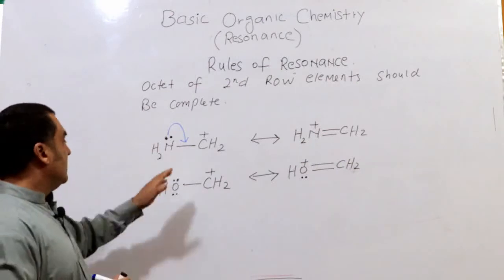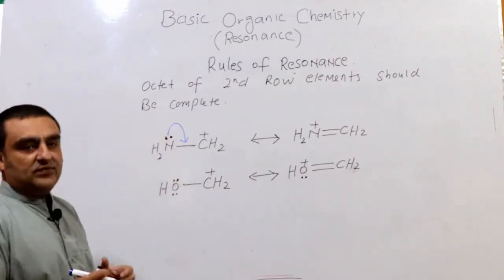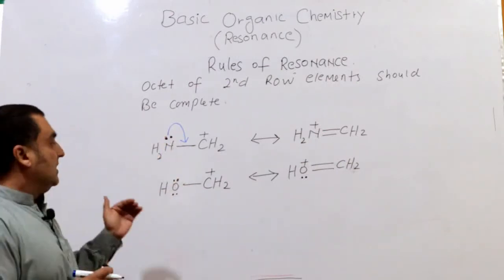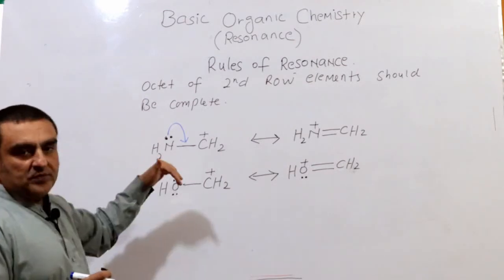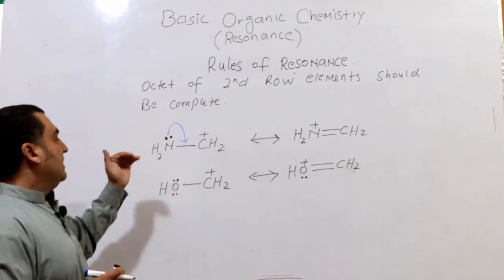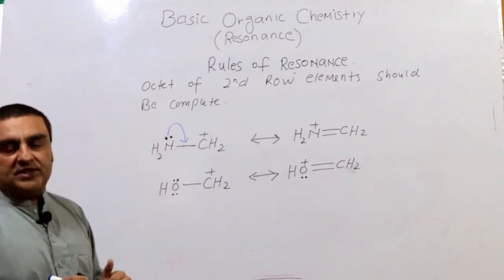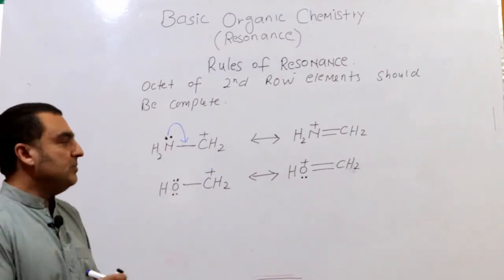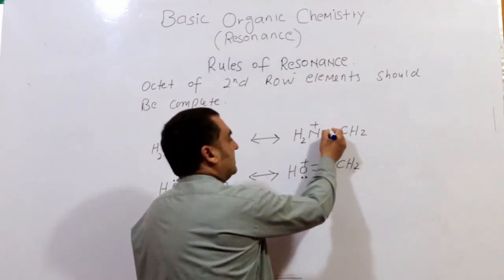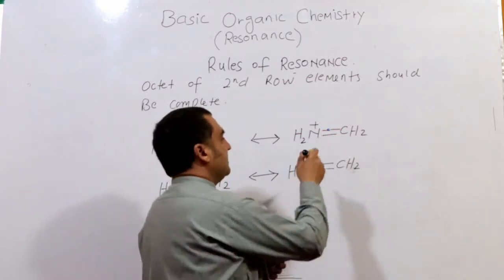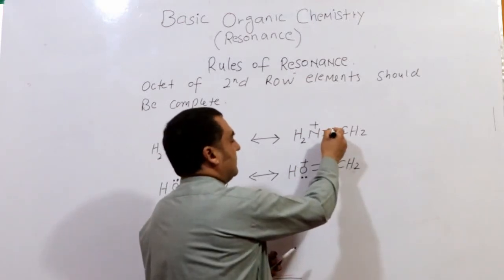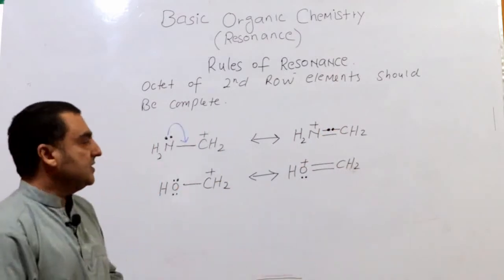Now what happens is that the nitrogen, which was initially neutral, transferred its lone pair and formed a bond. Now those become a bond pair, part of a bond now, a pi bond in fact.